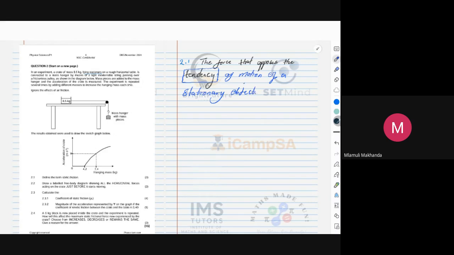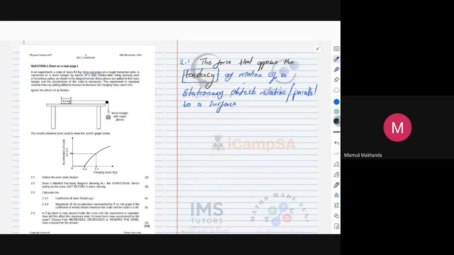So static friction, you only have it when the object is stationary. The minute it starts moving, then that is your kinetic friction, right? Okay. So relative or parallel to the surface. To a surface.